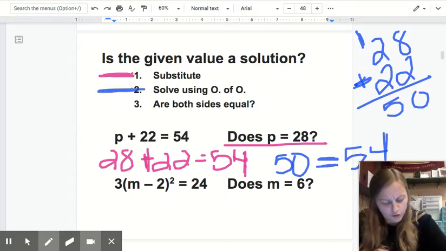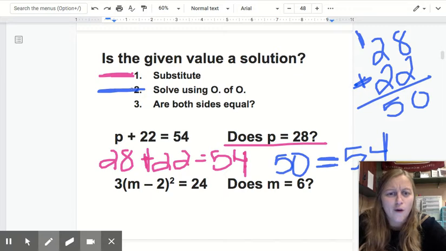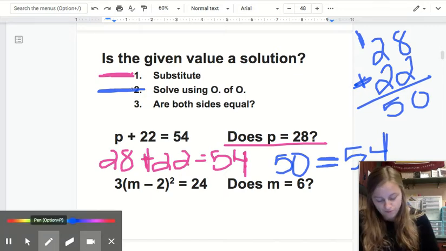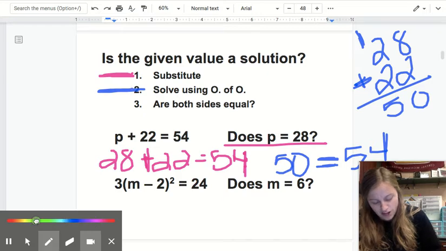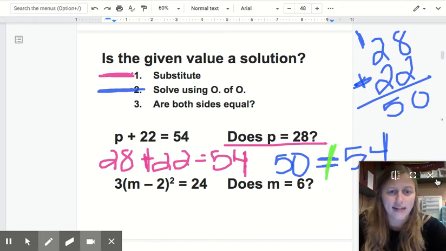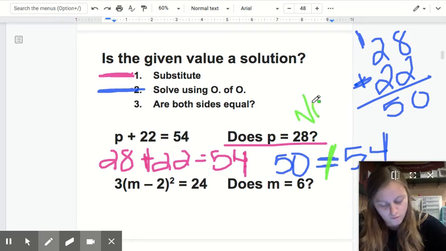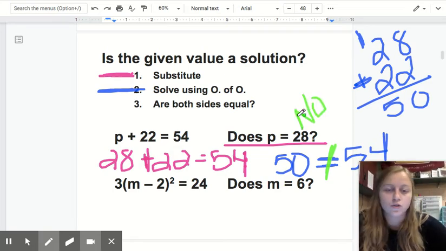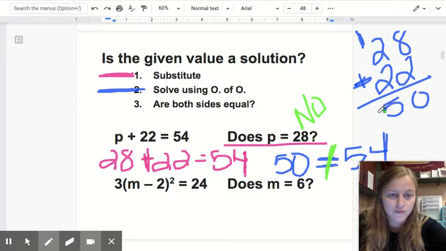That was my solve using order of operations. Are they both equal? No, these are not equal. You can put a line through that. 50 does not equal 54. So, can P be 28? No. P does not equal 28.